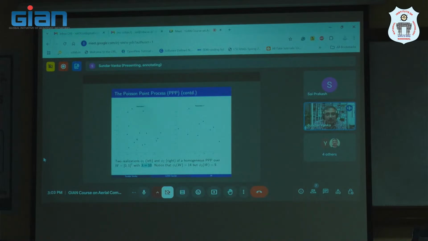Now, you see two realizations from the same process. One realization I'm calling small phi 1. Small phi 1 of W is the number of points that small phi 1 puts inside W, that means the number of points in the square. In this case, it is 14. But small phi 2 of W is 9. Where is this randomness coming from?